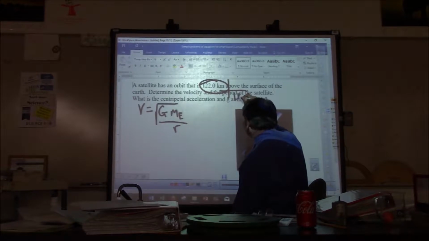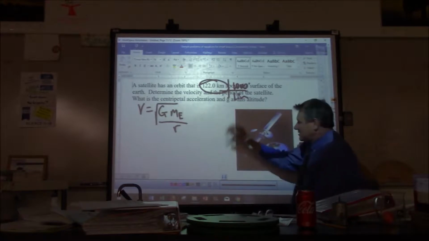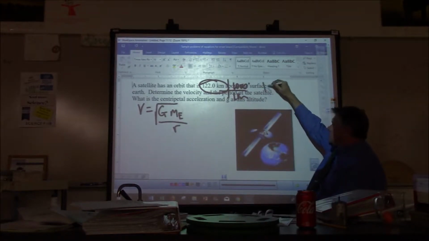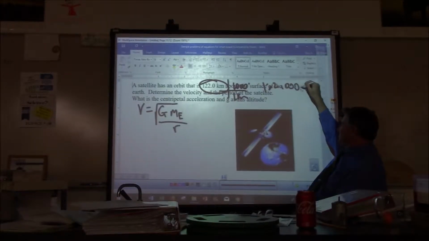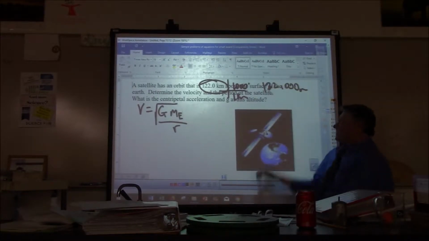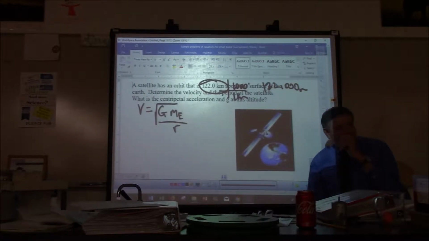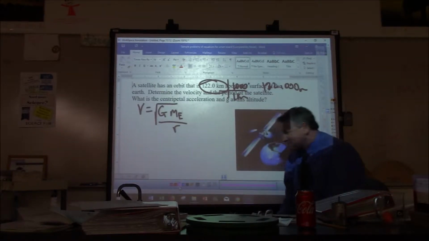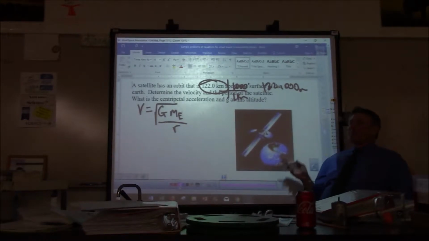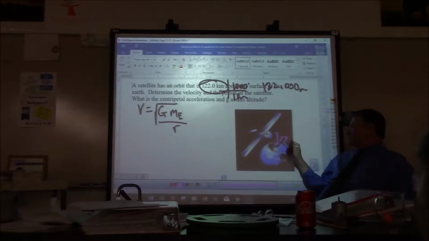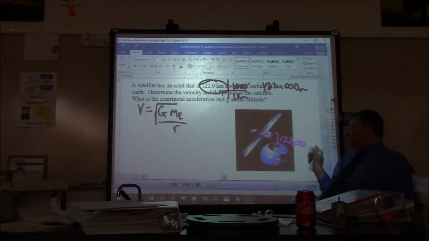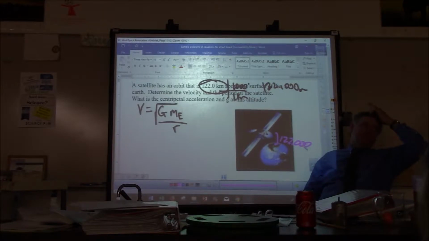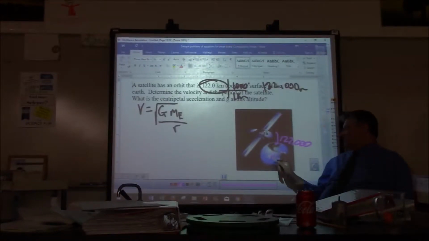The conversion is 1,000 meters per kilometer, right? So then you're going to go, oh, there's my radius, 122,000 meters, and that's what you're going to put in for the radius. Because the 122,000 just gets you to here, right? Where does it have to be measured from? Center. There you go.